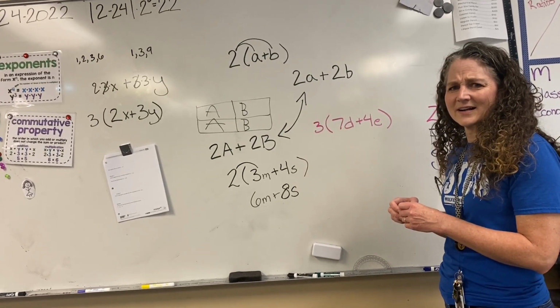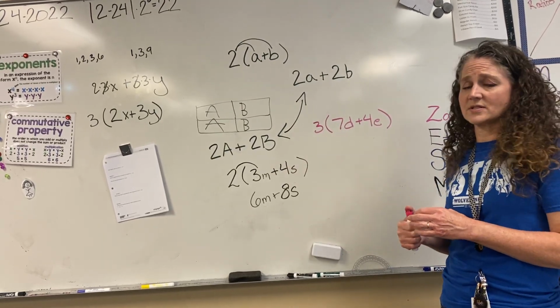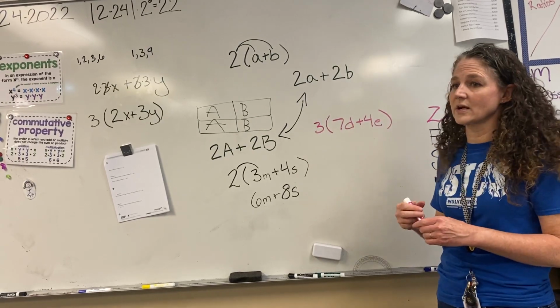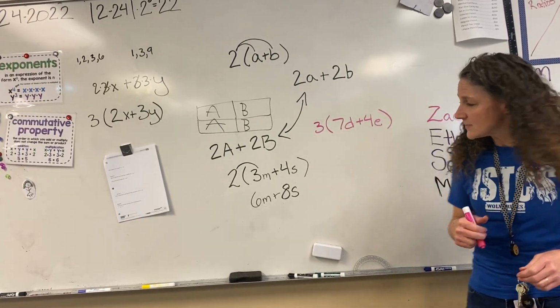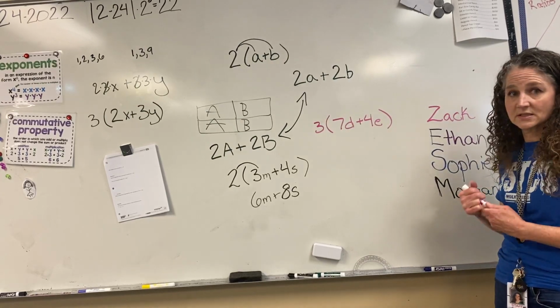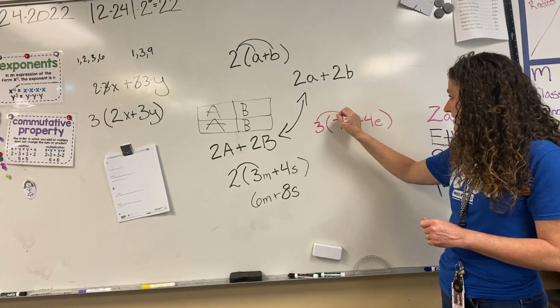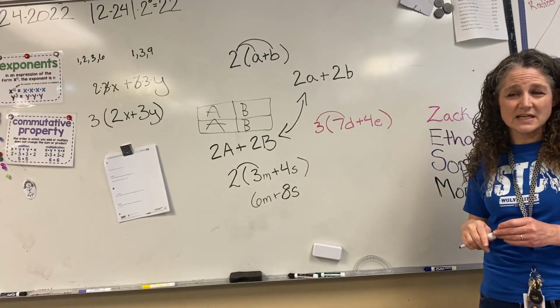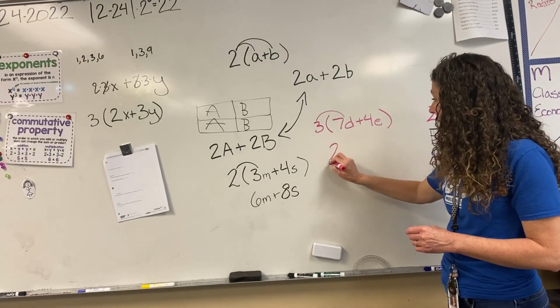Wait, they used E. They didn't get my memo to not use E, but we're not gonna worry about it. So what am I gonna do first? What do I multiply first? I'll draw my little rainbows, right? I'm gonna multiply these two. What's 3 times 7D? 21D.